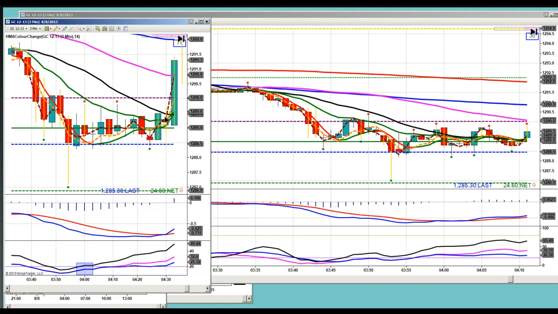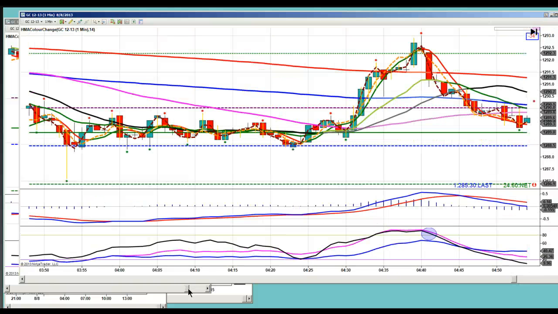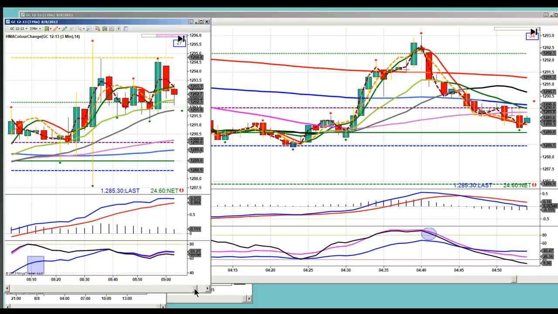I'm more interested in taking these because I know that the market is likely to reverse. The strength of the actual reversal is a strong probability because the 3-minute is all lined up. Now this is 4 o'clock in the morning, so things are going to move a little bit more slowly there. So let me see if I can find a couple that are in both directions here.